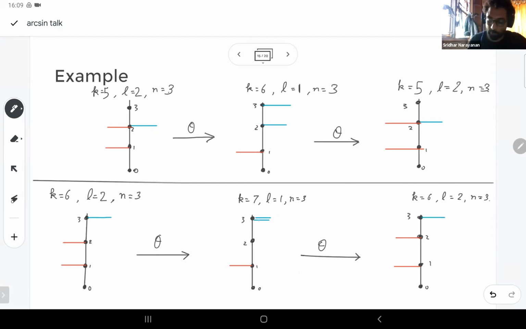When we push a blue piece down to 2 and change it to red, we see that it doesn't cause a conflict now, because this offending red piece here has already been pushed up. So now when we push the red piece back down over here, it doesn't cause a problem. So we're free to push down the blue piece to the second level, which is what we do. And we get back our initial figure.